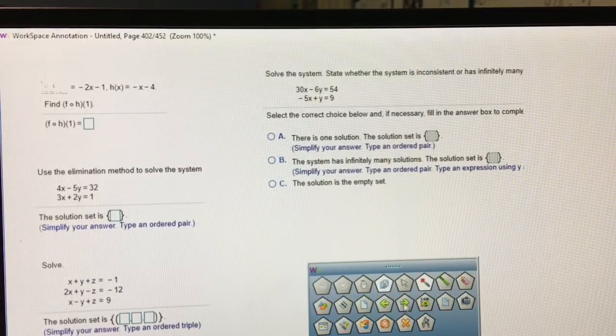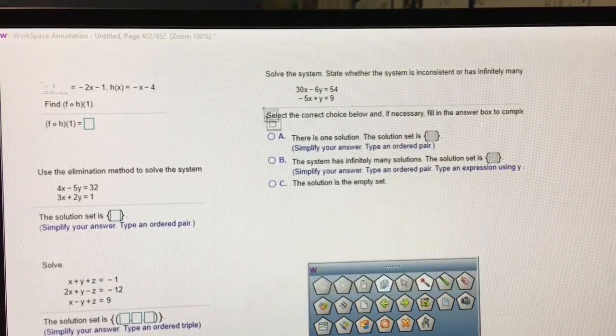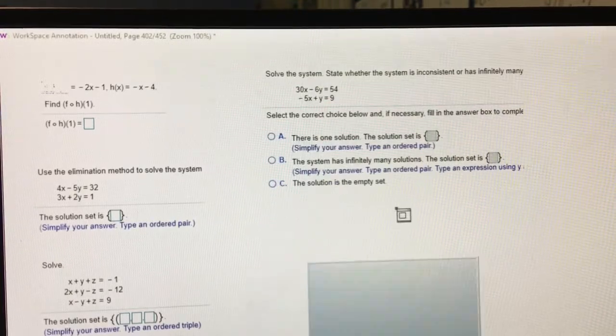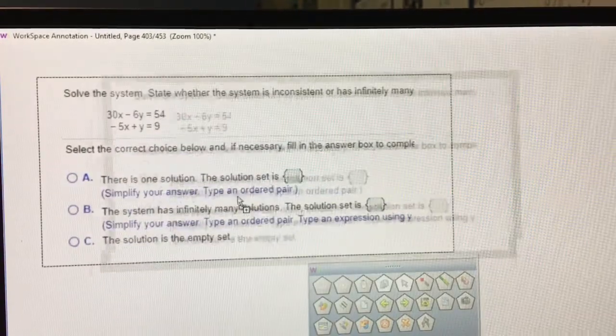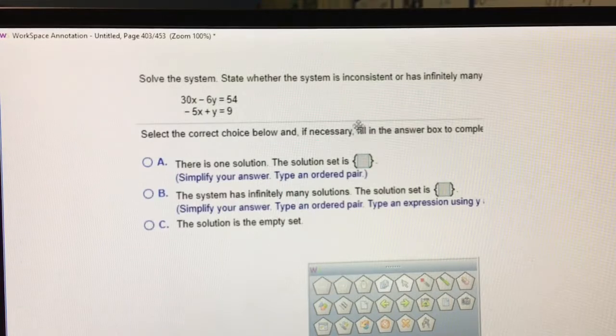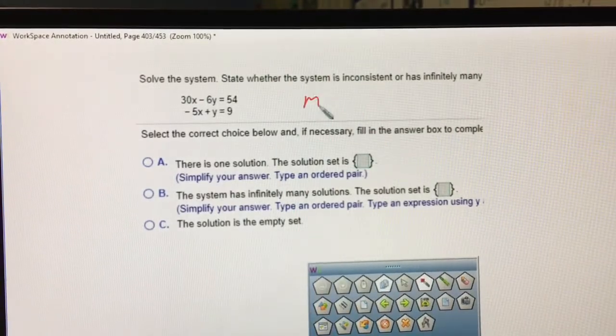This one is really challenging. When you type it in, I believe you get infinite solutions. So we'll see if we get infinite solutions or no solutions. Again, I'm going to implement mode 5, 1 to see if I can get my answer.